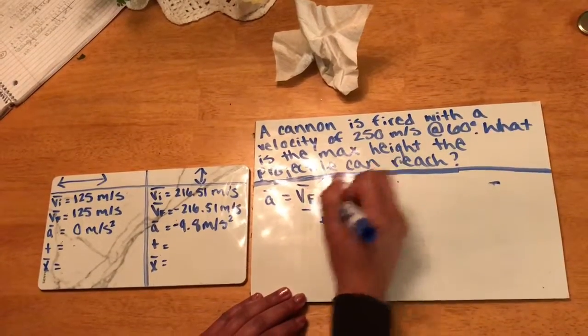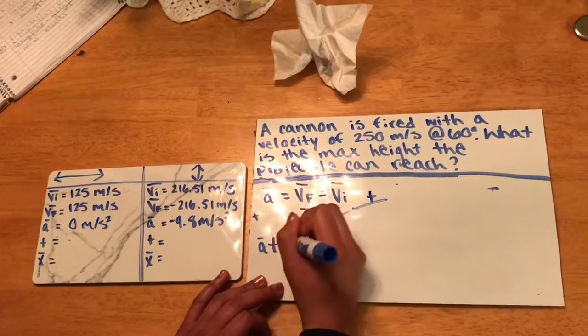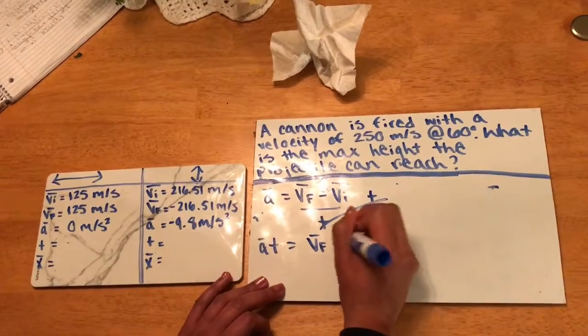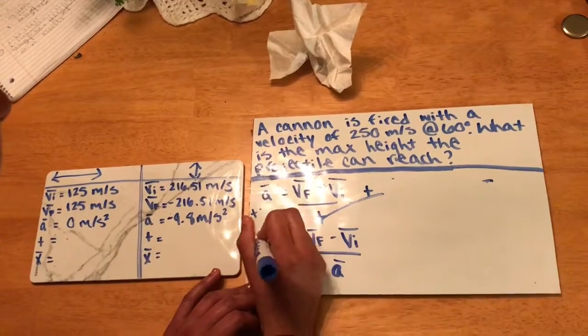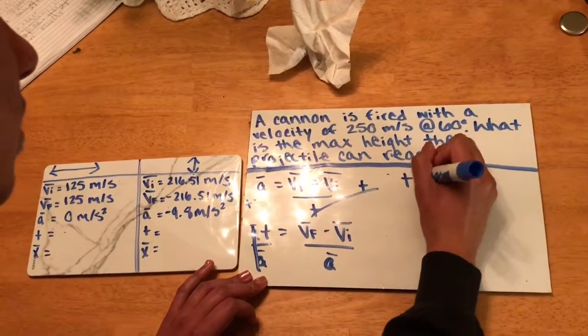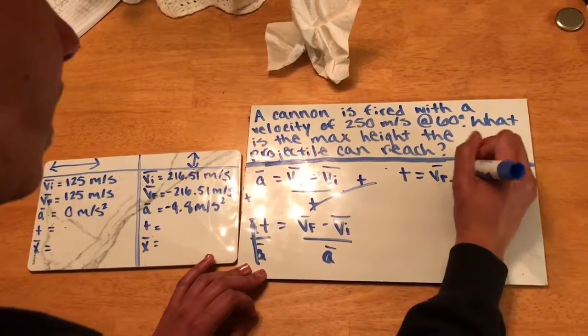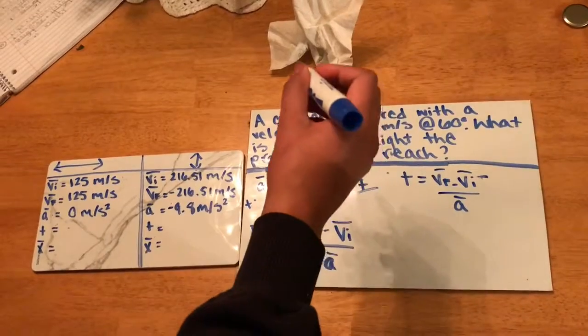So we'll multiply by time on each side to get AT equals VF minus VI. And we'll divide by A to get T alone. And we'll get T equals VF minus VI over A.